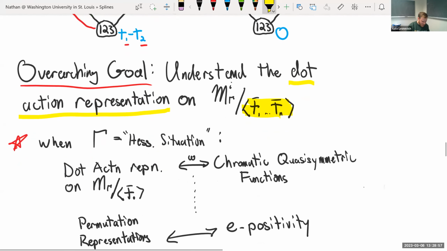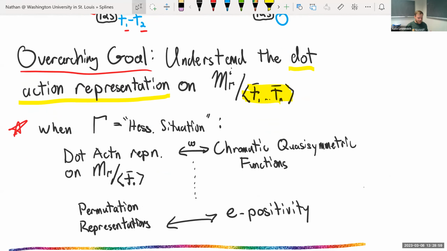And again, as history background and motivation, why should we be interested in this question? When gamma is in the incomparability graph or Hessenberg situation, whichever way you like to think about it, the dot action representation on the quotient, under an involution, corresponds to chromatic quasi-symmetric functions.